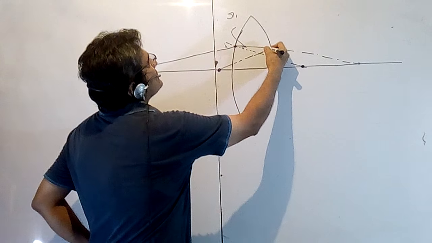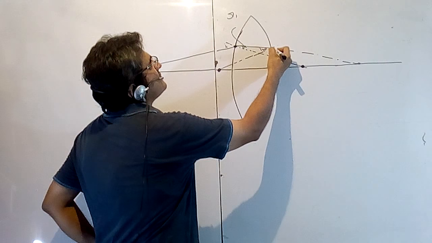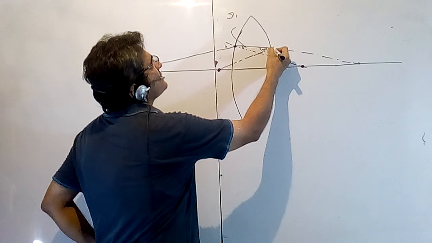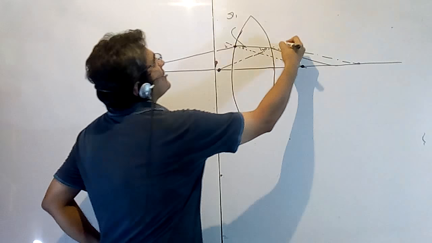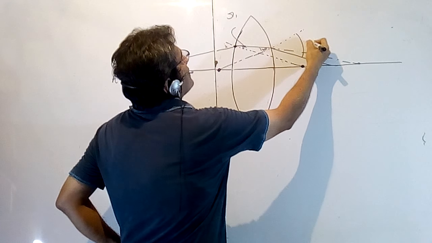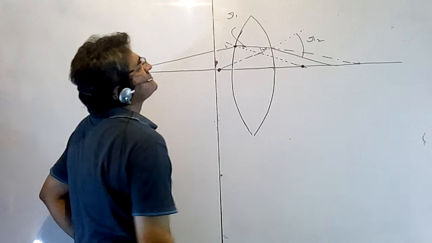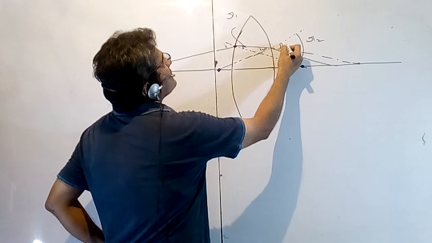Now this is your I2, and also draw the refracted ray. The refracted ray will be like this here, and if you see, this is your normal, so this angle is your R2, and this is the opposite angle, so it is I2.